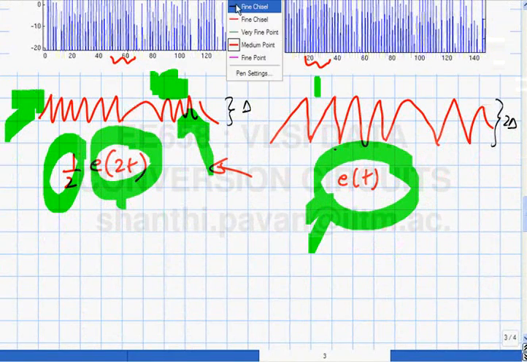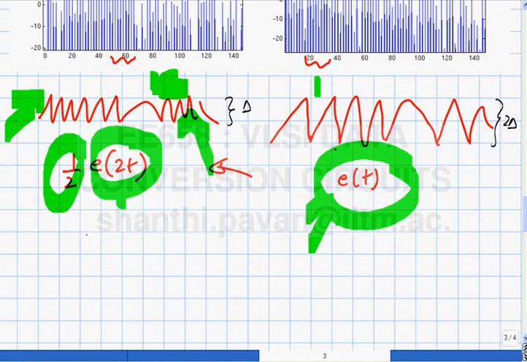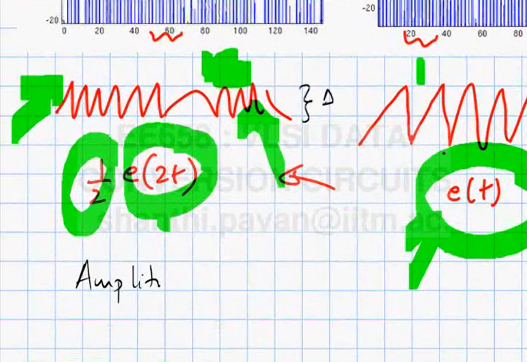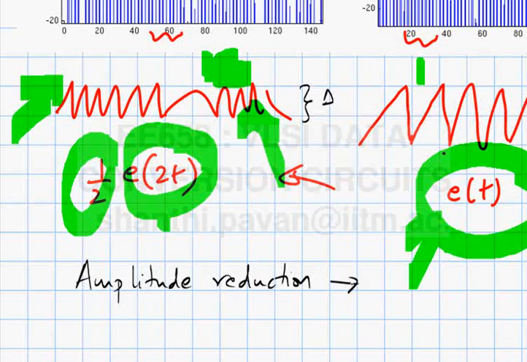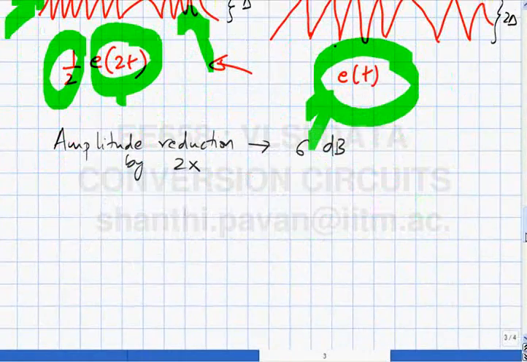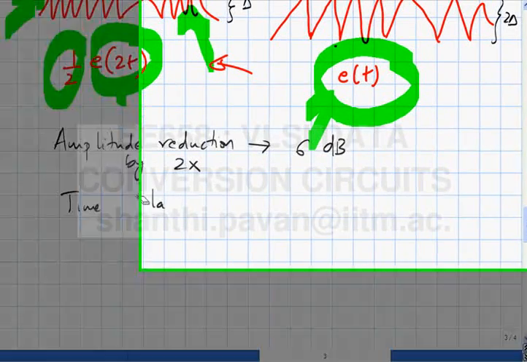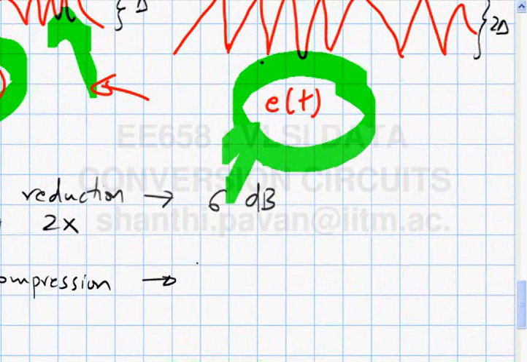So the amplitude reduction by a factor of 2 will give you a power reduction of 6 dB, and the time compression will give you an additional factor of 2 in the power, so it will give you 3 dB. And as I said, intuitively the way to understand this is that the quantization noise waveform is scaled by a factor of 2 in amplitude and compressed in time, roughly speaking.